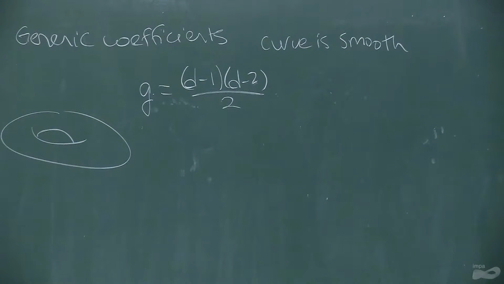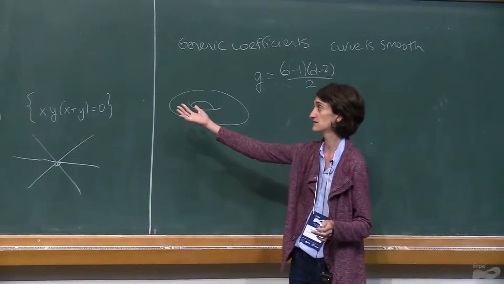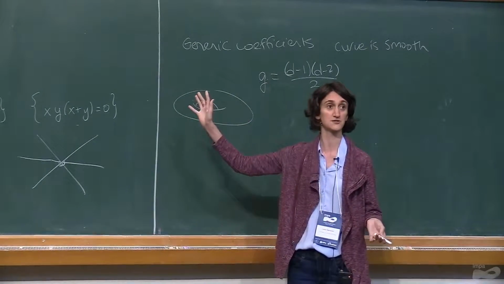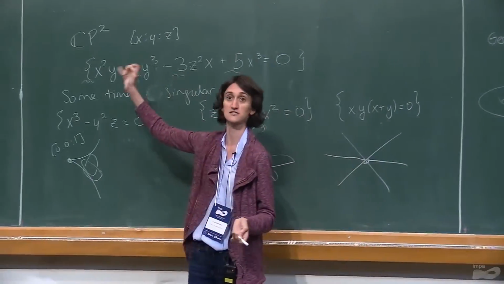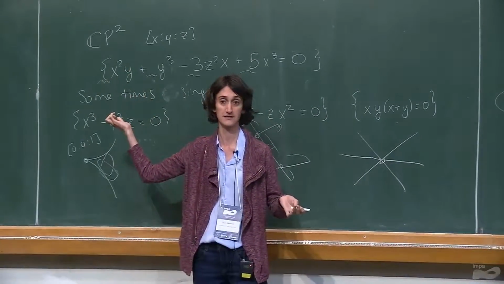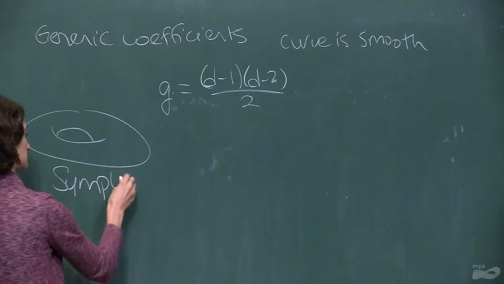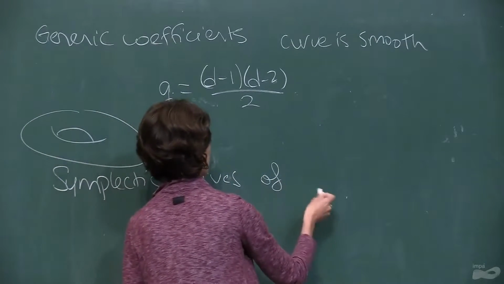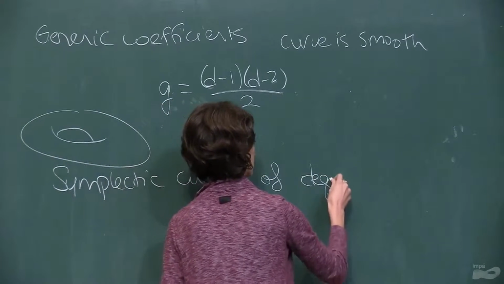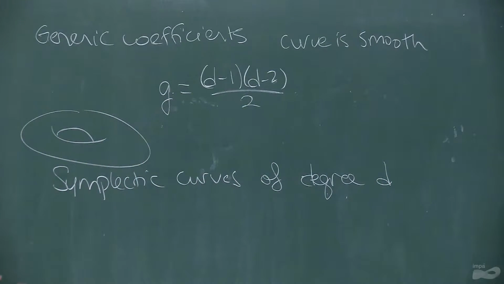If I'm looking at the space of complex curves of degree 3, this is a finite dimensional space. The dimensions are parameterized by the coefficients of the different monomials of degree 3. If I'm looking at symplectic curves of a fixed degree, this forms an infinite dimensional space.